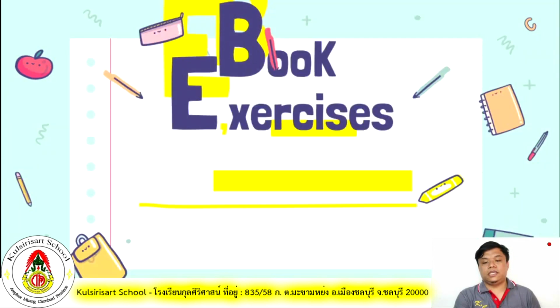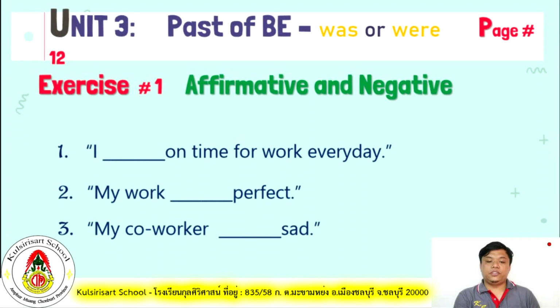Okay, for book exercise, please open your books on page number 12. Unit number 3, past of be, was or were. Exercise number 1. Let's choose an affirmative and negative statement.